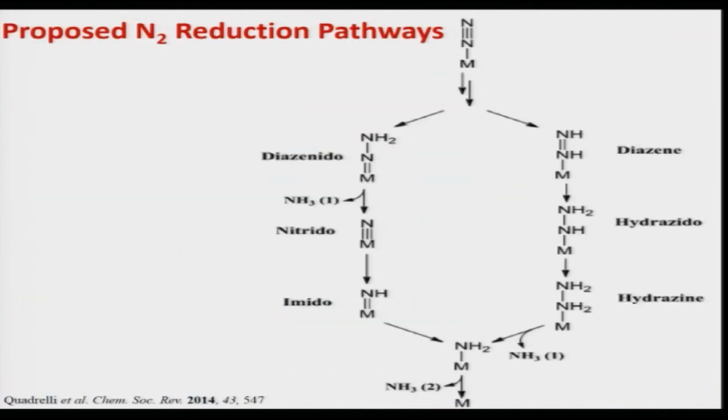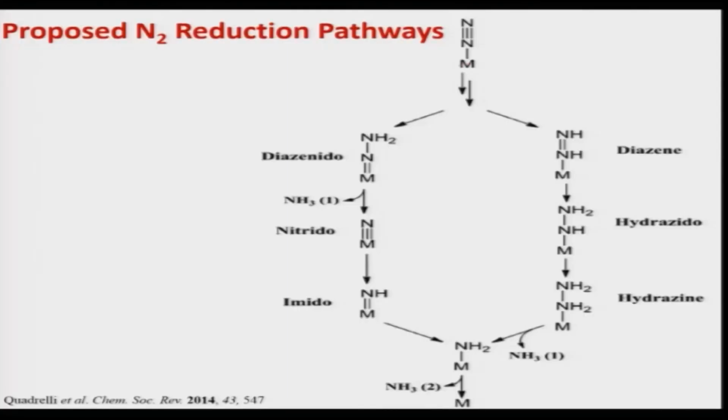Now, the proposed nitrogen reduction pathway. It is still not very clear how dinitrogen is actually getting reduced in the iron molybdenum cofactor. There are controversies, I am not going to enter into that. However, a schematic presentation is shown over here.